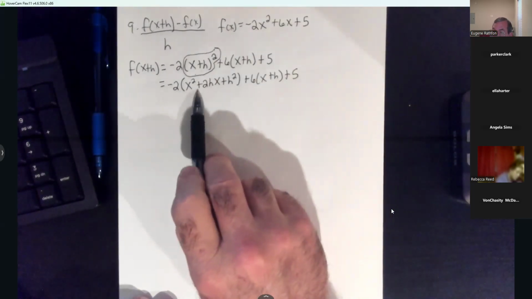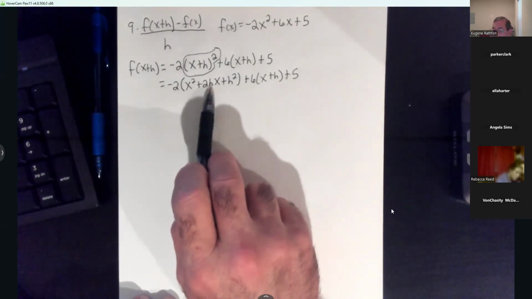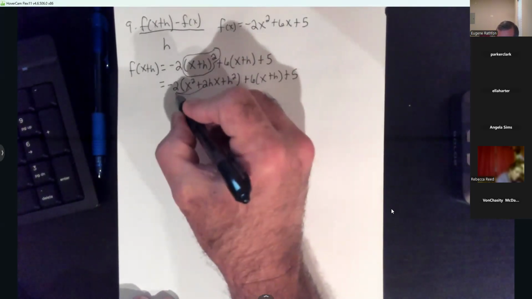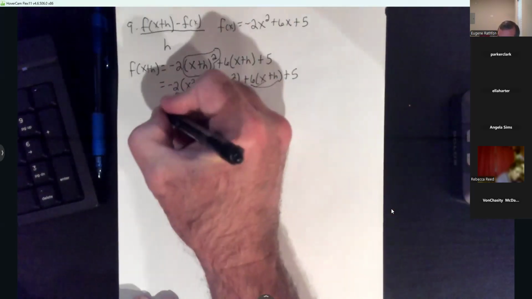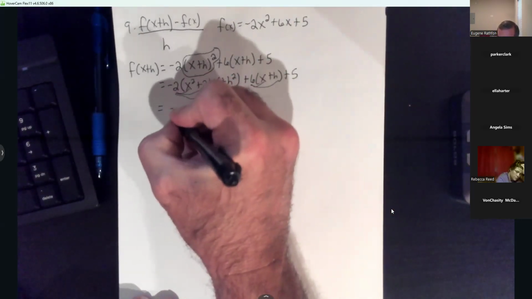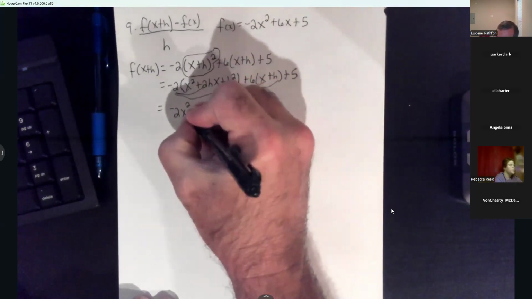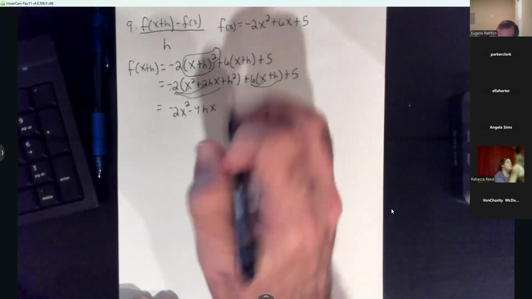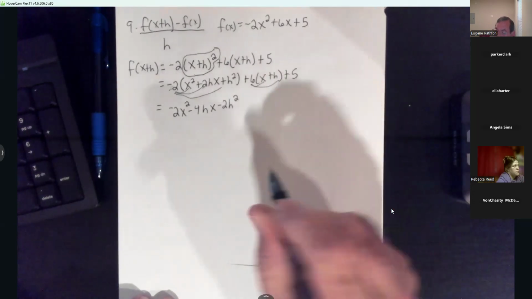When you do x plus h squared, you're going to end up with the same thing. So your next step is to distribute your -2 right here and then the 6 right there. That's going to give me -2x squared. -2 times 2 is -4hx. -2 times h squared is -2h squared.